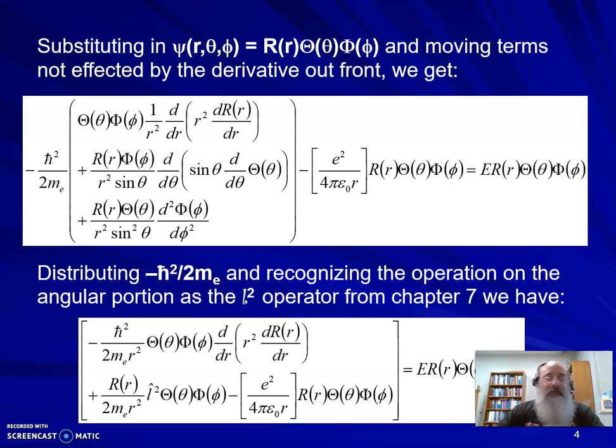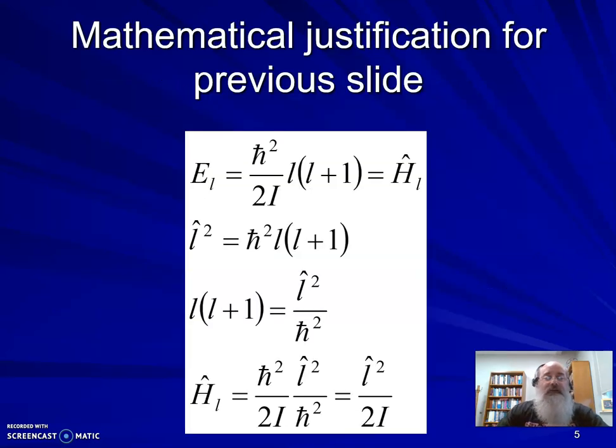But like I said, the mathematical justification for what we've done here is energy with respect to L. We had defined the Hamiltonian related to L, and the eigenvalues for that were just h bar squared over 2I times L(L+1), where L is a quantum number.